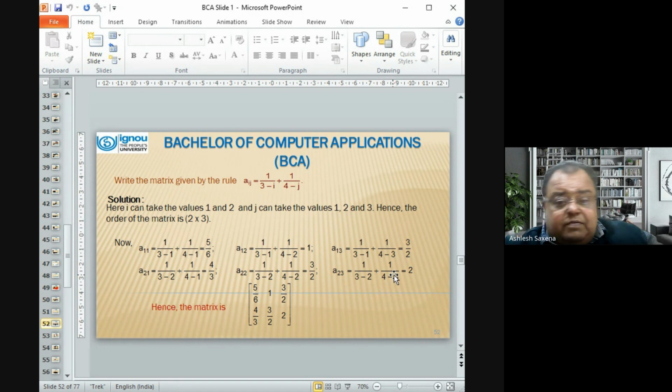Now, what is the way of writing them? As the order says, you write them in the same order. These are the elements of the row, these are the elements of the row, and these are the elements of the column, because you have 2 rows and 3 columns.